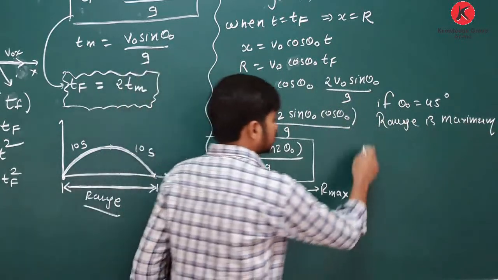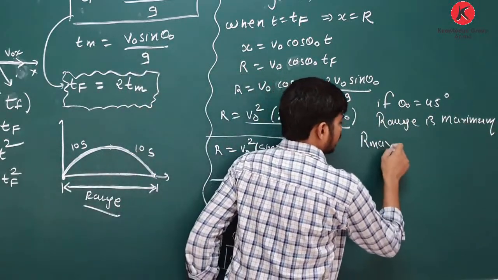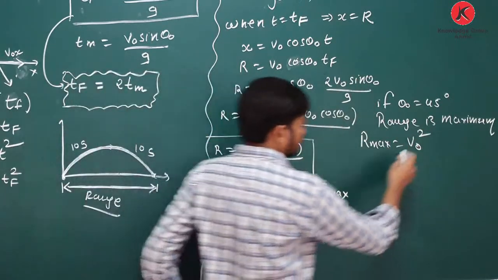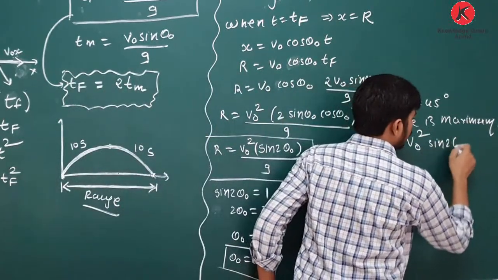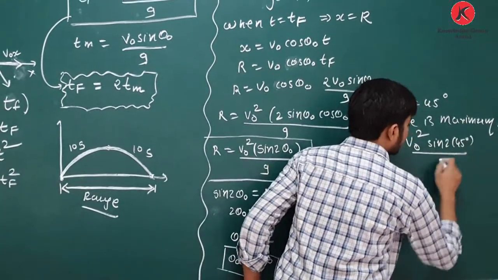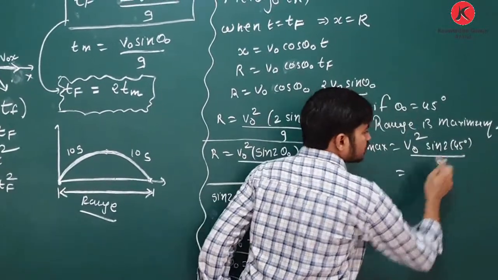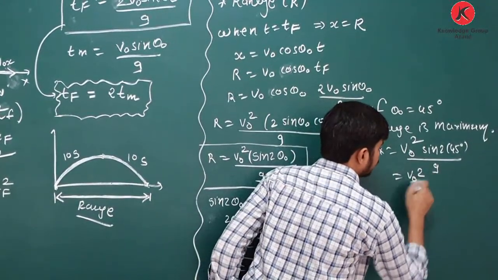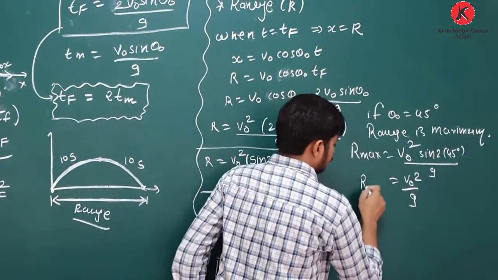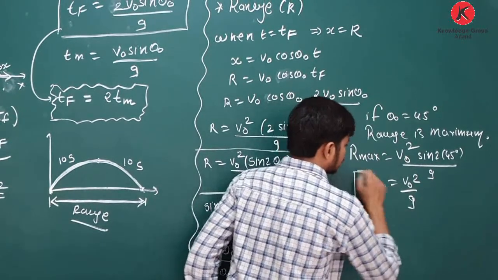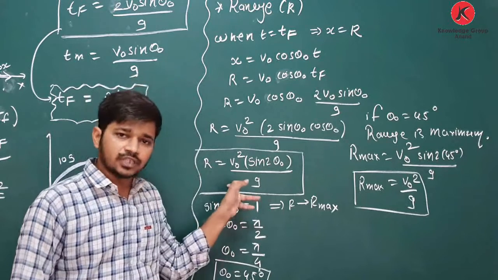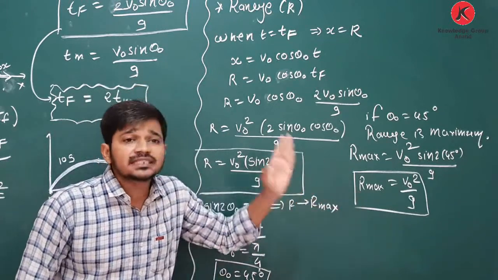Put in the equation: R maximum is equal to v0 square sin 2 times 45 divided by g. 2 into 45 is sin 90, and sin 90 is 1. So it is v0 square upon g. You have to remember this equation also. It is the equation of maximum range.